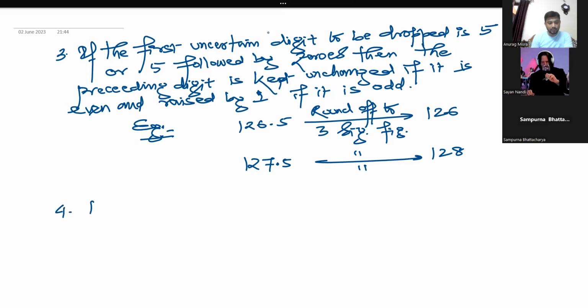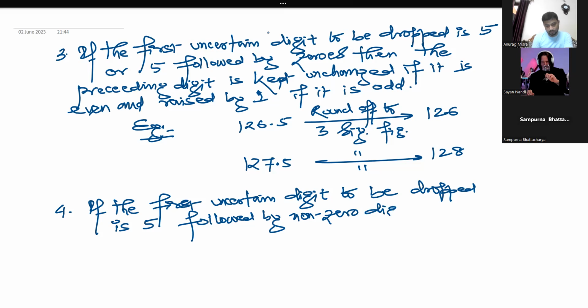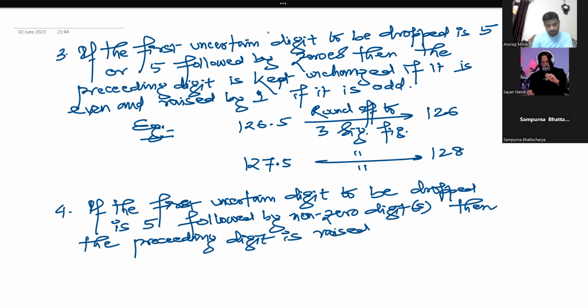Right? The last rule, if the first uncertain digit to be dropped is 5 followed by non-zero digits, then the preceding digit is raised by 1.